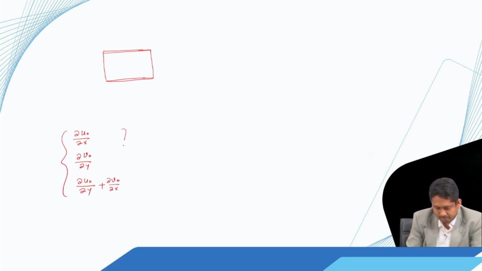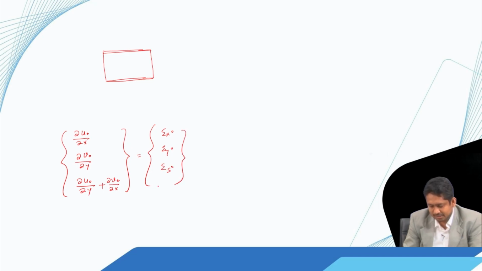If the laminate in the undeformed condition looks like this, then del u 0 by del x, del v 0 by del y, del u 0 by del y plus del v 0 by del x, which we have written as epsilon x 0, epsilon y 0, epsilon s 0, are the in plane strain components.